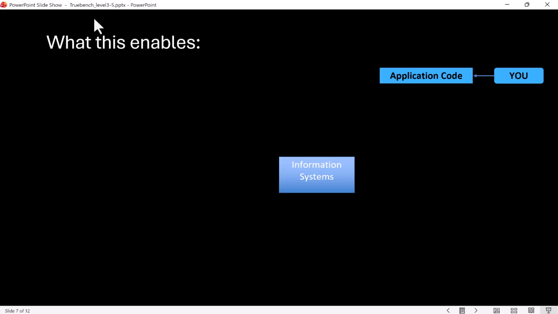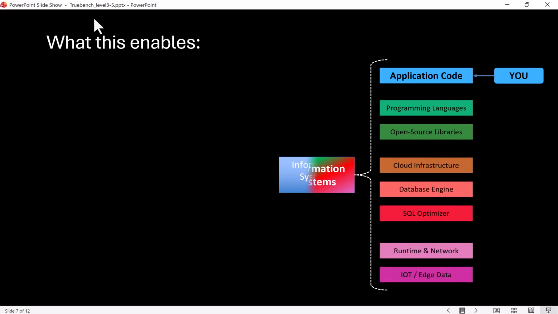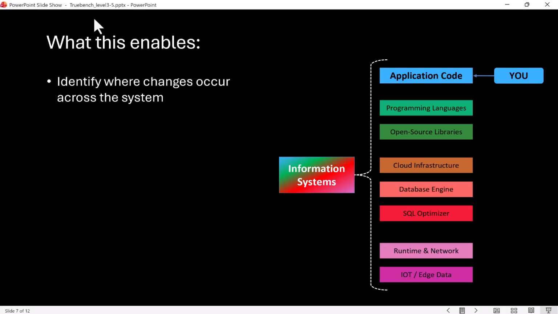Modern systems are composed of many components that are constantly changing, not just in the database, but across the entire ecosystem. When something shifts, the challenge isn't just seeing that it changed, it's understanding where in the ecosystem the change originated. With TrueBench, you can correlate what your workload experienced with the activities of the database and the platform.